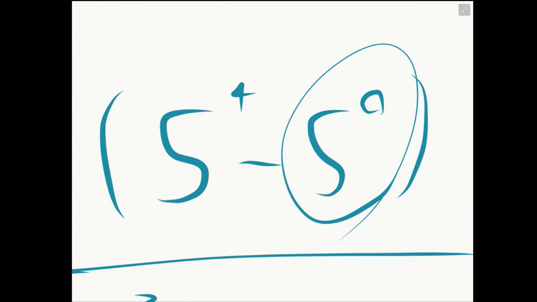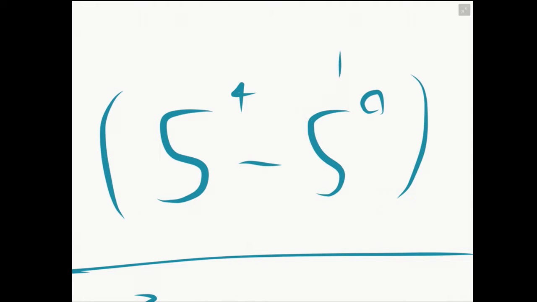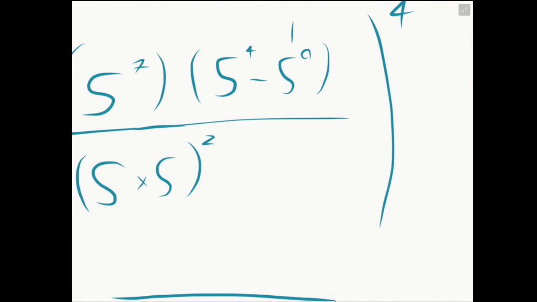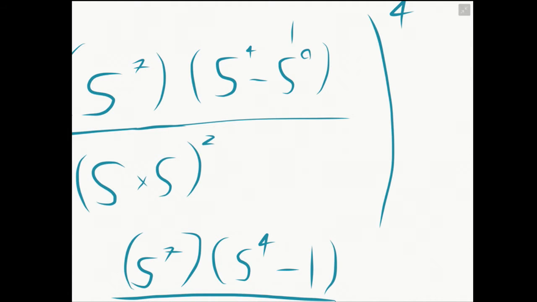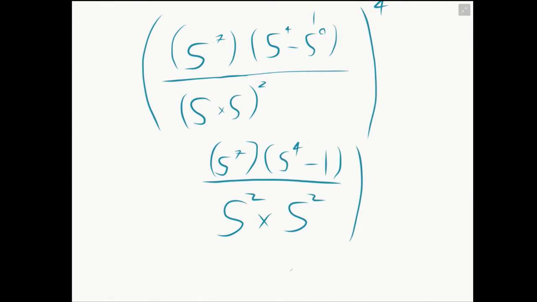The value of that is quite clearly going to be 1, but not just any 1. This is a negative 1, okay? Don't forget that negative. So we actually have s to the power of 7 multiplying s to the power of 4 minus 1. Okay, and this is all raised to the power of 4, which we're not going to deal with still.